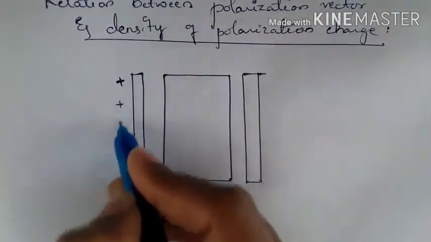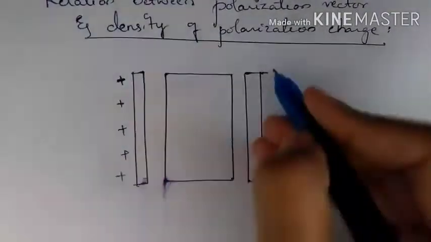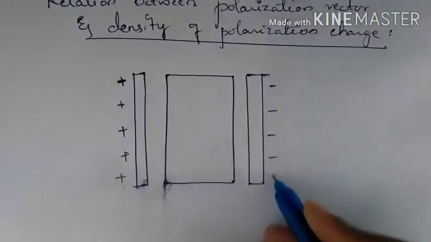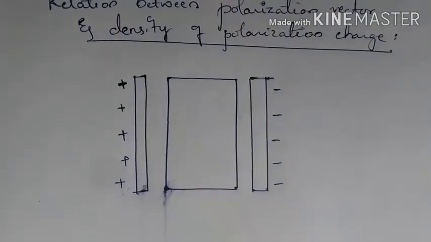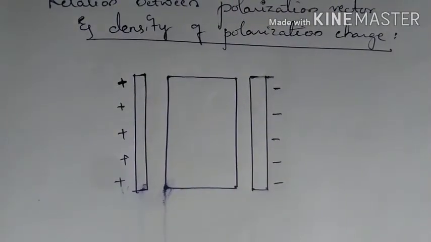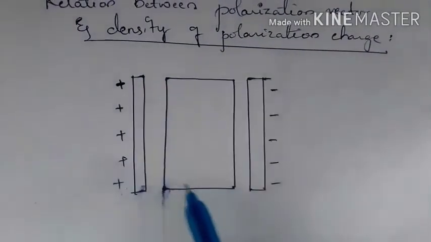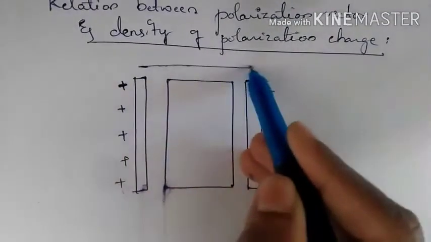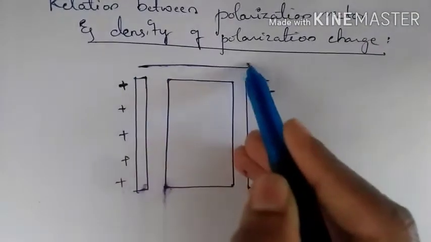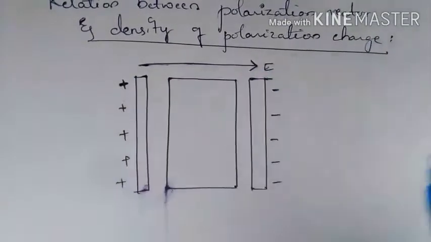So here we have positive charges and here we have negative charges. In between this, what we have kept is the dielectric slab. So when we apply the electric field, the electric field will be in this direction.